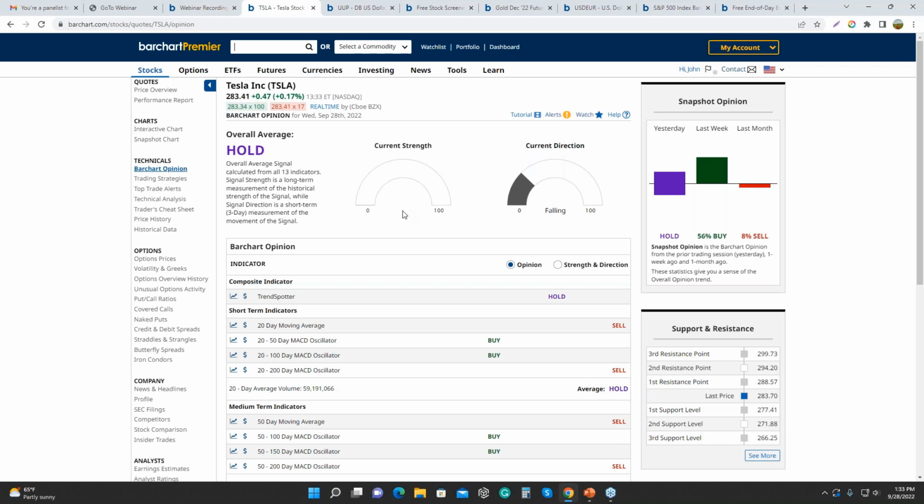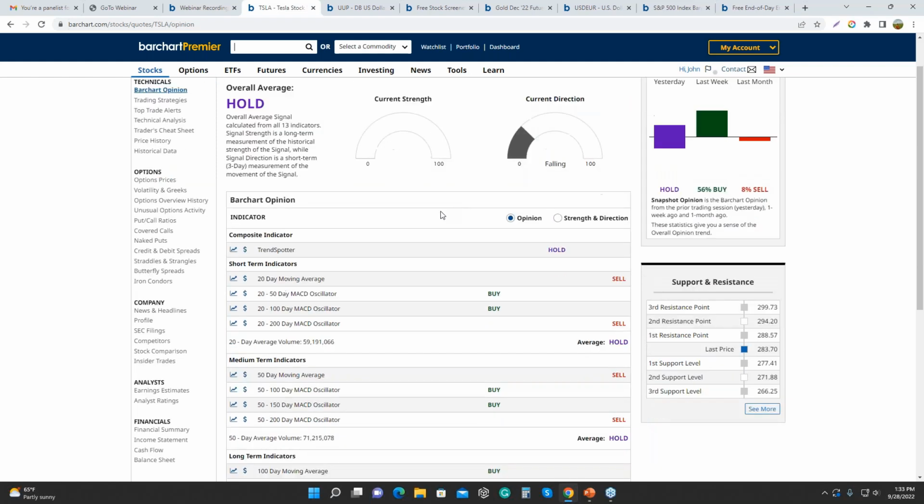I can look at this very quickly, and it's really telling me the market kind of has no direction, right? Last month it was showing me a weak sell. Last week it was showing me a buy. Now it's telling me it's a hold. Where's my strength? Well, there's no strength. Right? There's no direction in this trend. No strength in this trend, and the direction is falling. In other words, it's kind of just trading sideways.